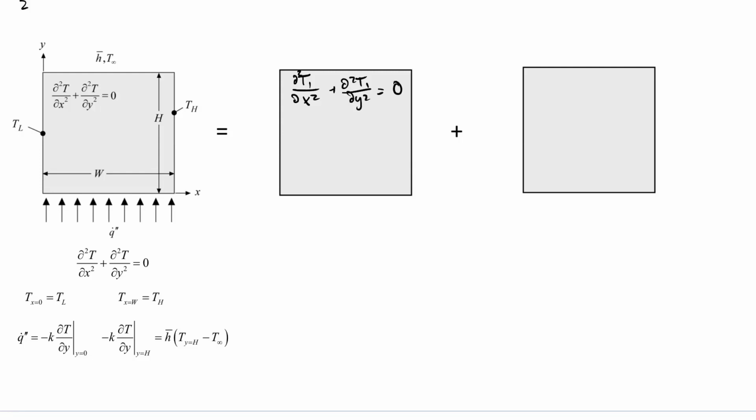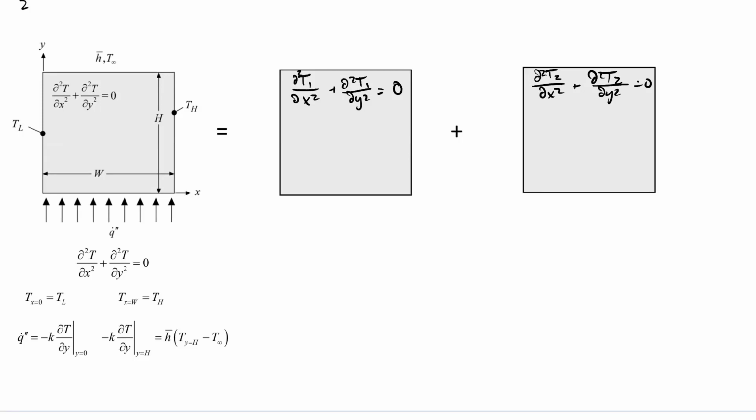That's our PDE for the first problem. We're going to come up with a solution for T1 and T2. Let's do the second here. So d squared T2 dx squared plus d squared T2 dy squared equals 0, right? So those are the two PDEs that we have for our new problems.